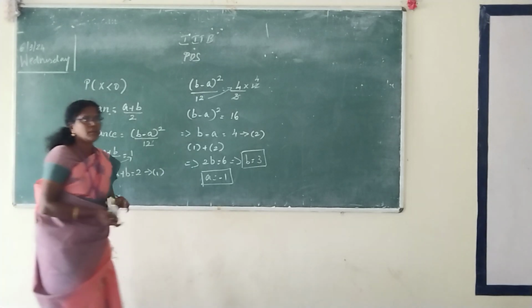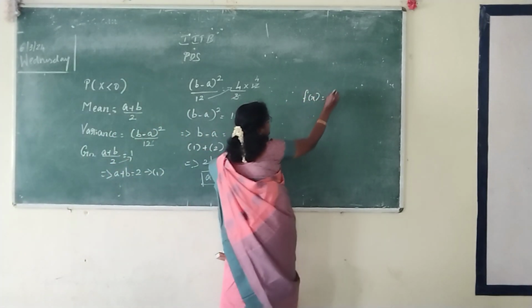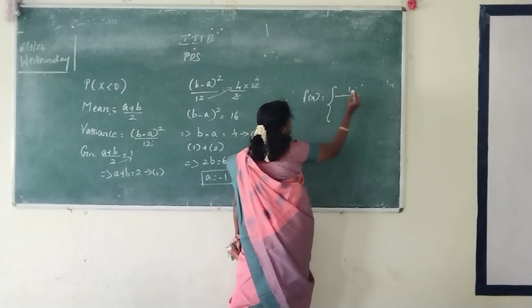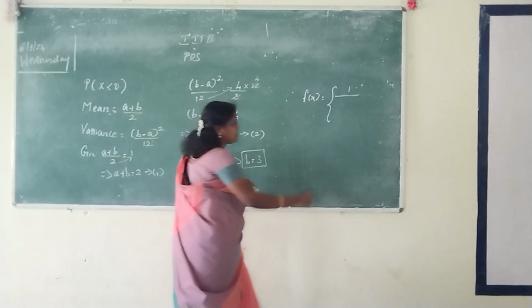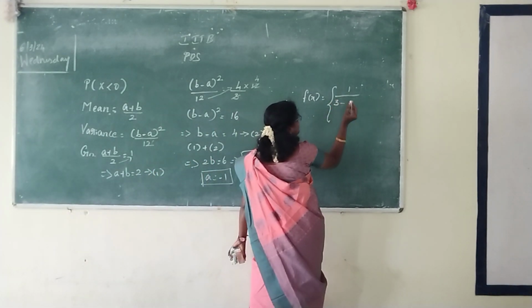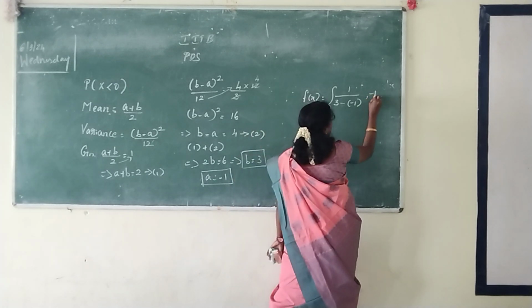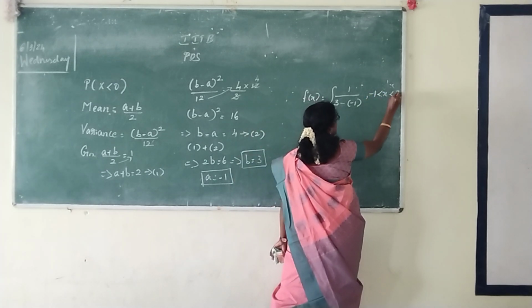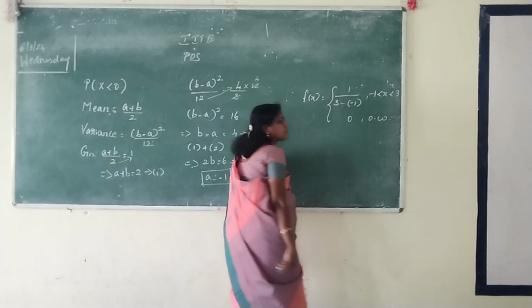Therefore, f of x is equal to 1 by B minus A. What is the B value? 3. 3 minus minus 1, because A is minus 1, for the interval minus 1 less than x less than 3, and 0 otherwise.